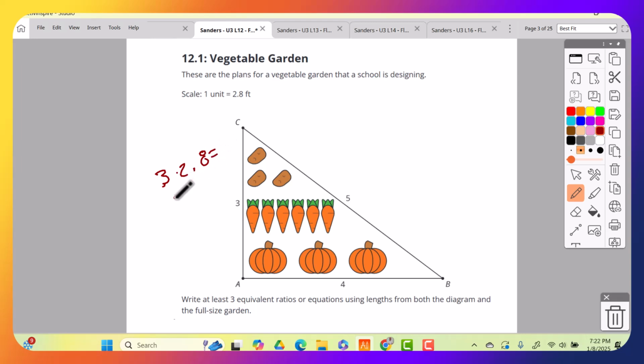Okay, well, this is 2.4, and this is 6, so the whole thing is 8.4. All right, I know that looks like a multiplying, but it's actually 8.4 feet. So we'll point that out.